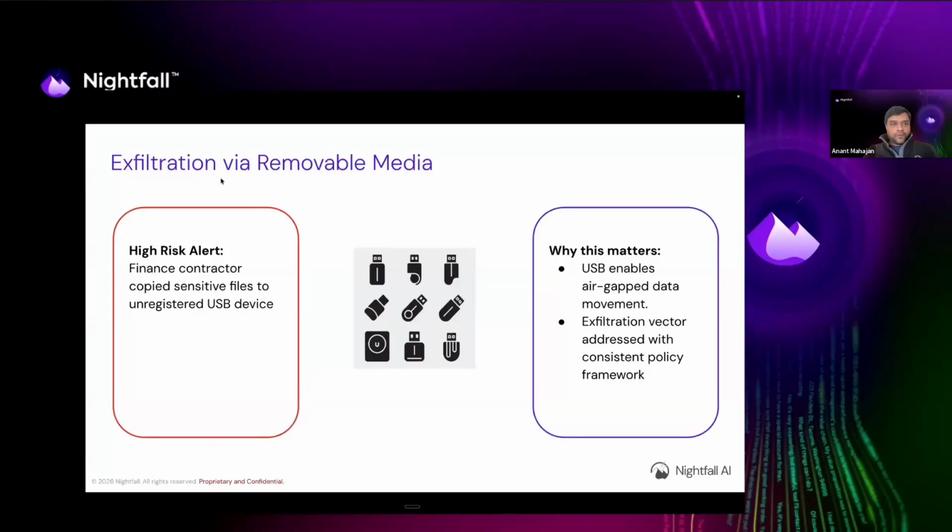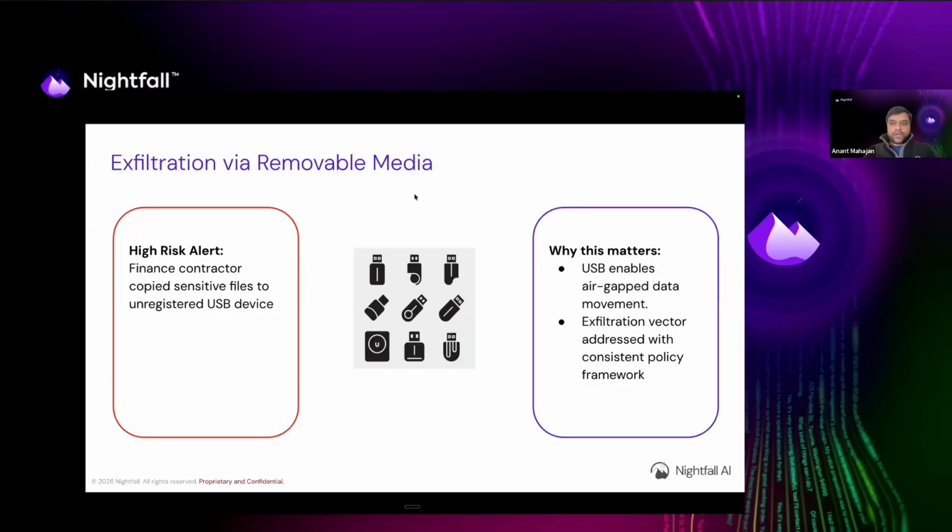A lot of you folks have asked us about expanding support to removable media, and I'm excited to share that Nightfall now supports monitoring any exfiltration event that happens to removable media like USB devices, and can block those activities from happening.